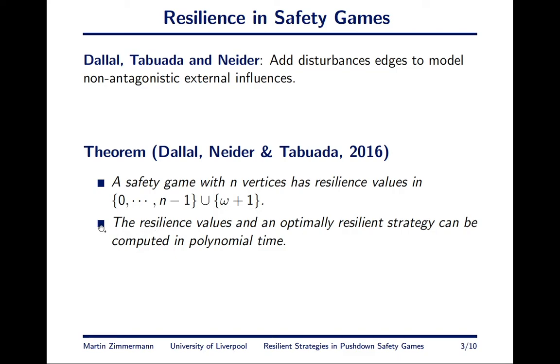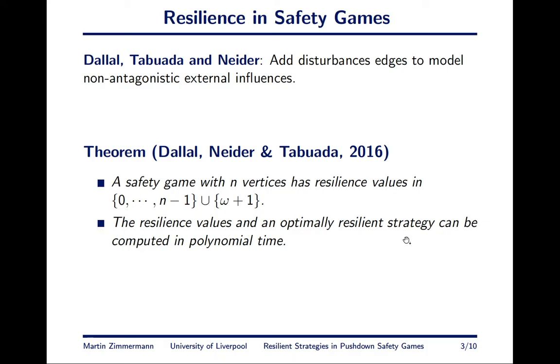And furthermore, you can compute the resilience values and an optimally resilient strategy, both in polynomial time. Okay, so if you just have a safety condition, then you can determine resilience values and an optimally resilient strategy, one that is most resilient against failures.